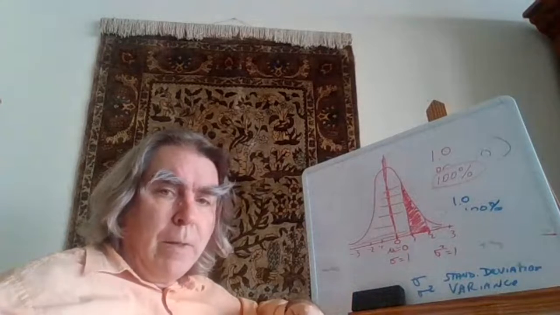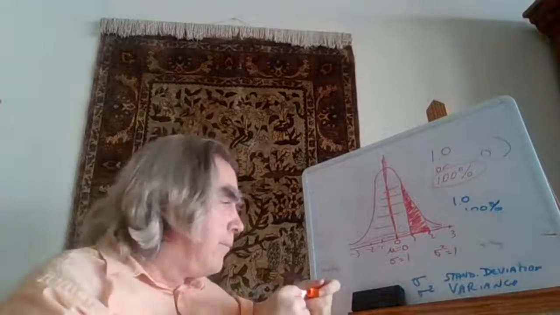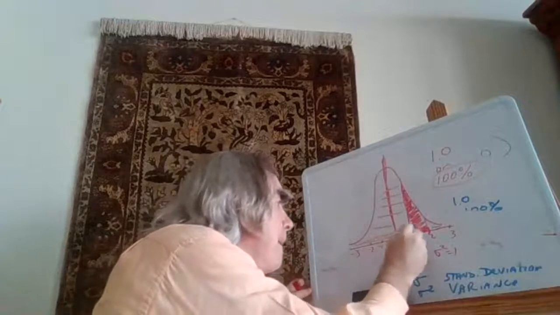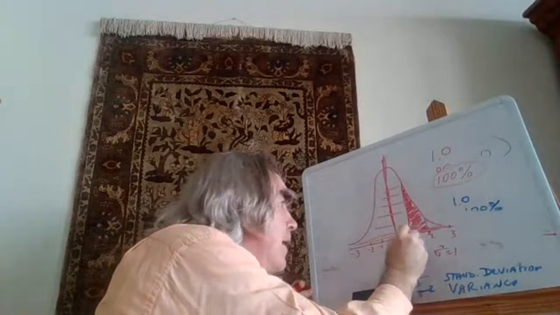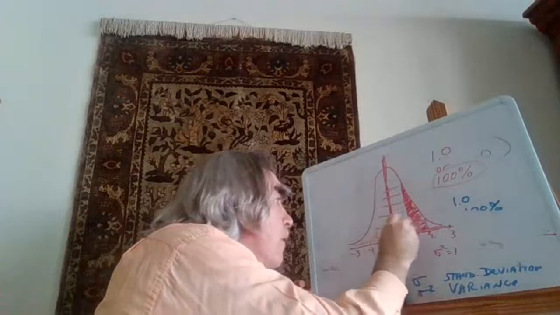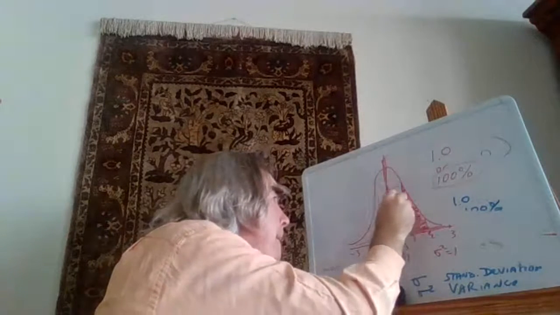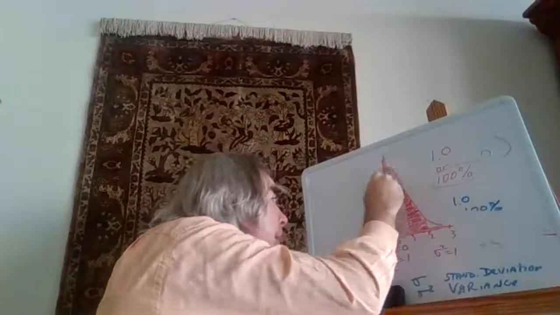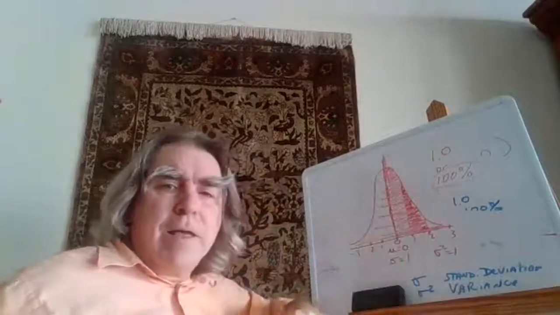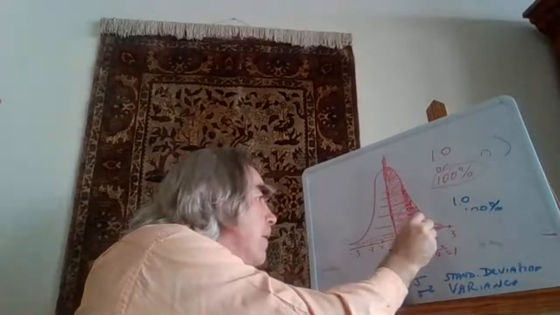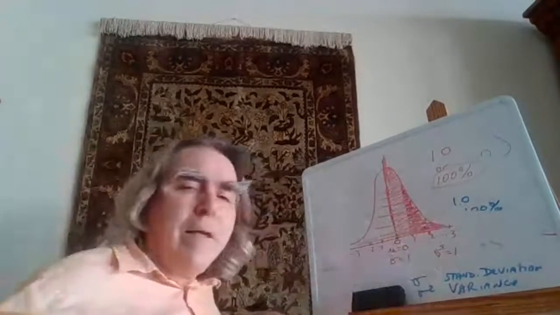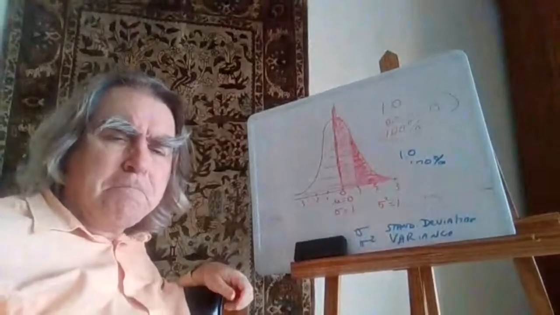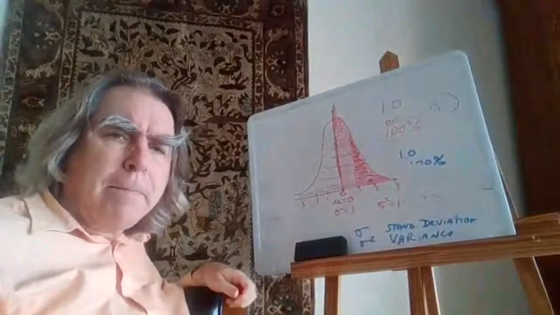Okay. Here's a question. What is the probability of you getting a number over 0? Probability of getting a number over 0 is what? It's that shaded area. Okay.